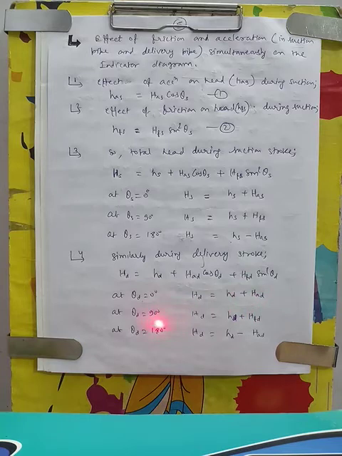At 90 degree, the acceleration term is 0 and the friction term is HFD, so the head inside the cylinder during the delivery stroke is Hd plus HFD. At 180 degree, the friction term is 0 and the acceleration term is minus, so the head at the end of the delivery stroke will be Hd minus HAD.